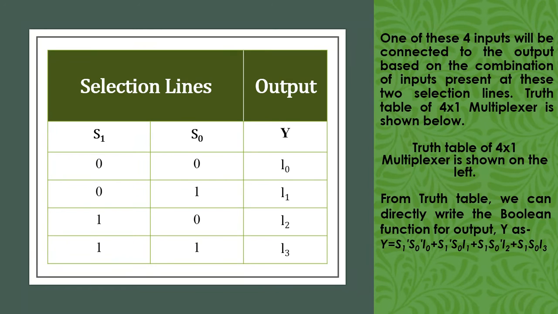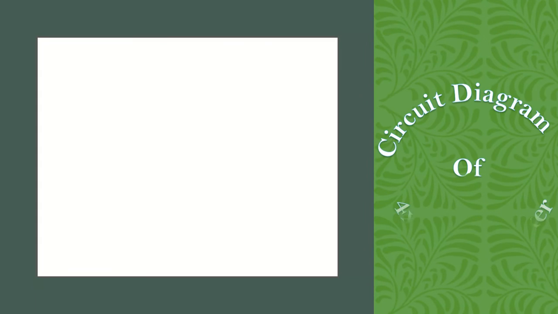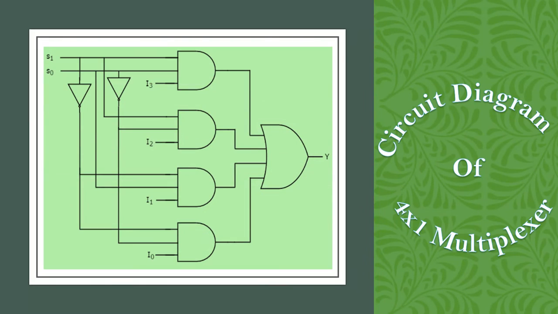Then we come to the circuit diagram of the 4 into 1 multiplexer, where you will find AND gates, two NOT gates, and one OR symbol.